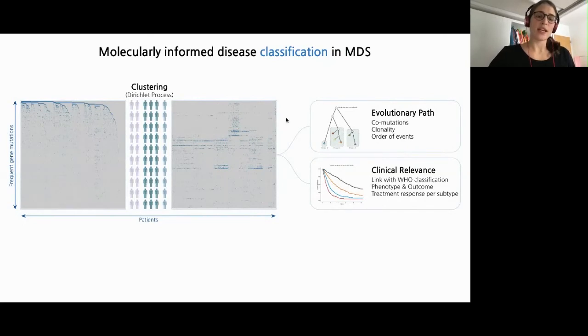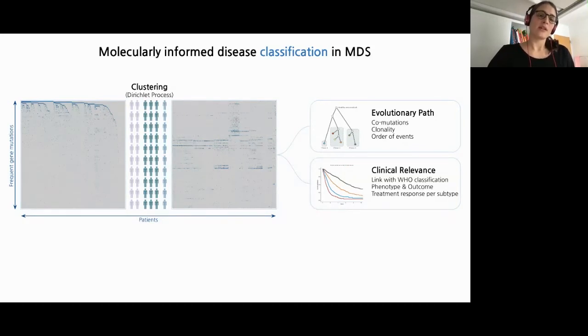So, to study molecular classification, we're using unsupervised clustering analysis, where on the left you see a heat map of the most frequent gene alterations across patients. So patients in columns and genes on the rows. And this heat map is ordered by the most frequent gene mutation. And you clearly see that you very quickly lose any structure in that heat map.